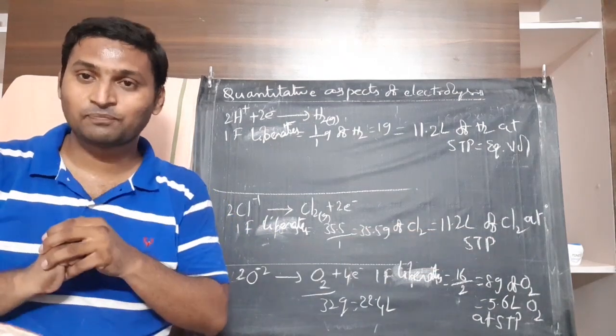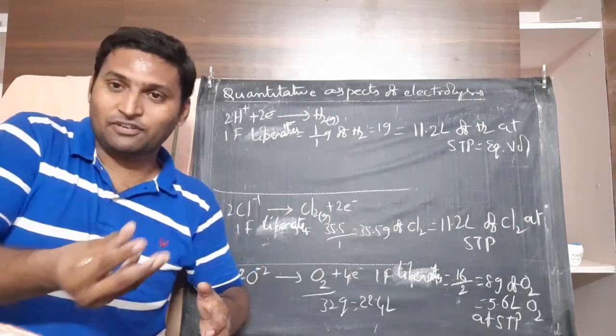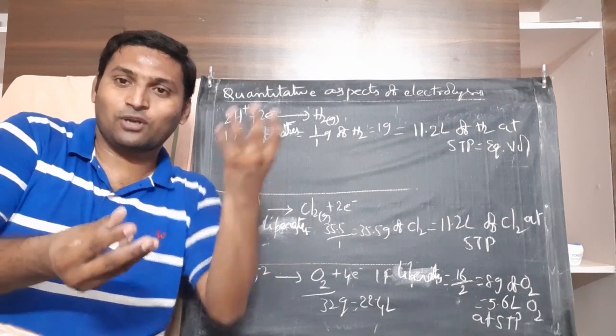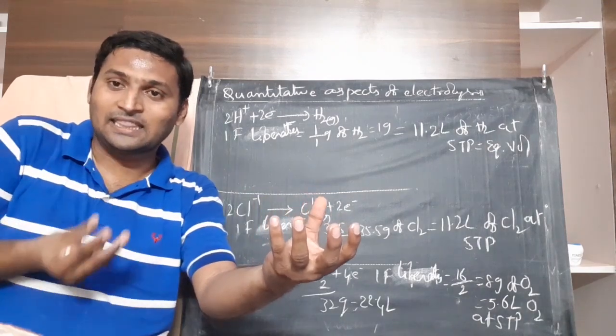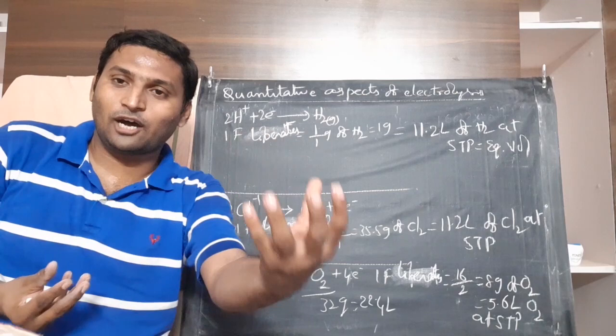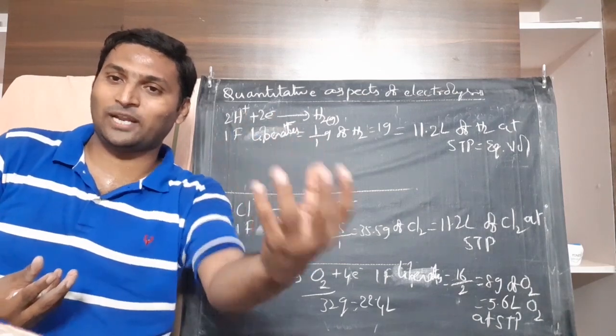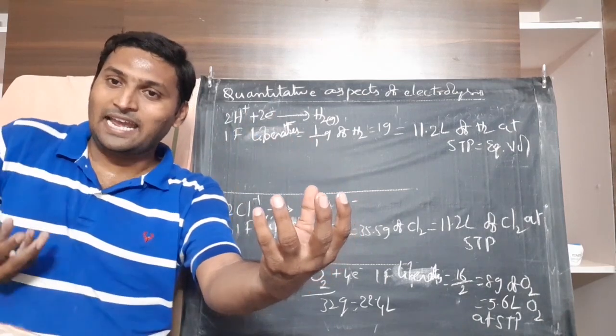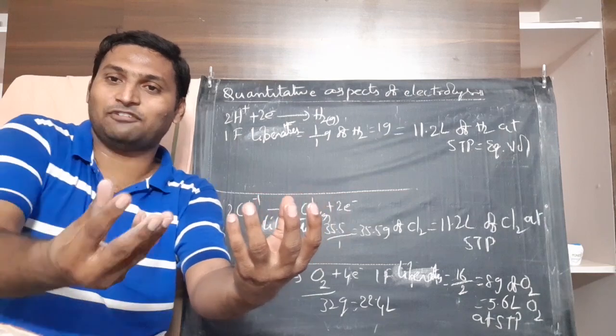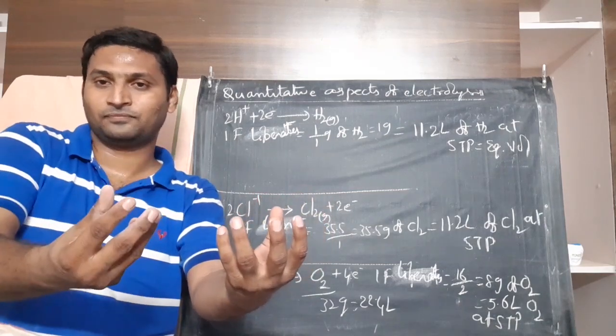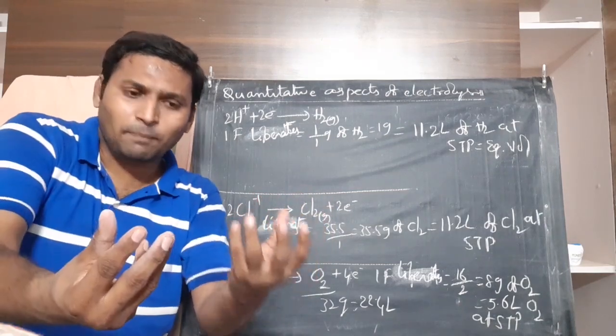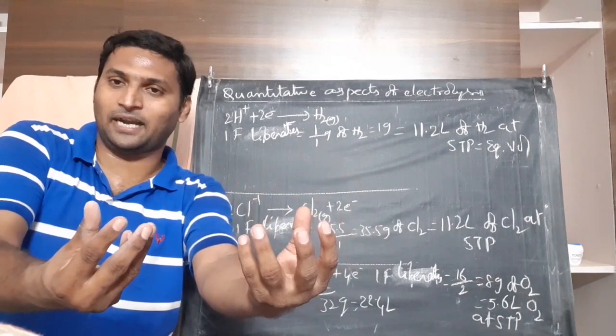Conclusion is, more the Faradays you supply, more the substance deposited or liberated. That means the amount of substance deposited or liberated during electrolysis is directly proportional to the quantity of electricity passed. Means how much ever you supply, so much only it gets deposited or liberated.